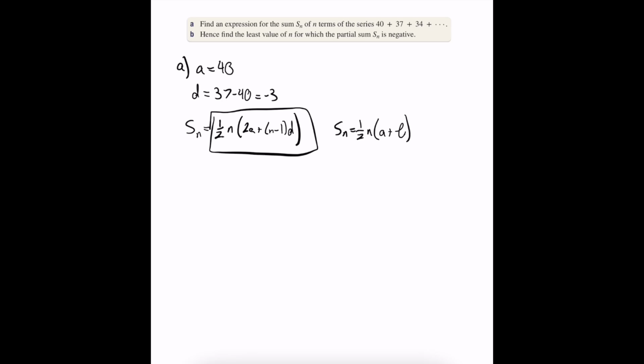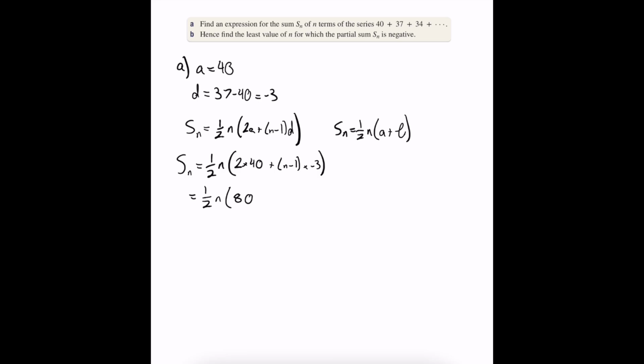So now we can plug in all our terms, and we can say the sum Sn of n terms of this series is half n outside of (2a, which is 2 times 40, plus (n minus 1)d, which is times minus 3). And we can simplify all this.